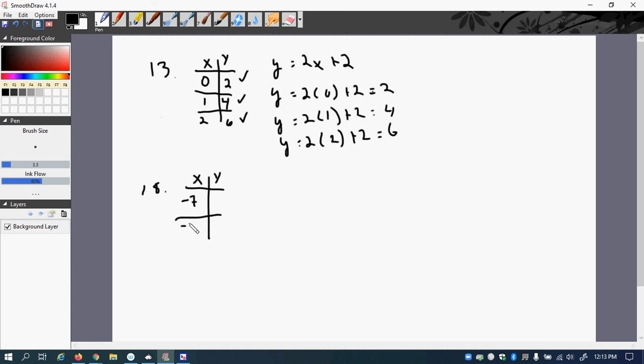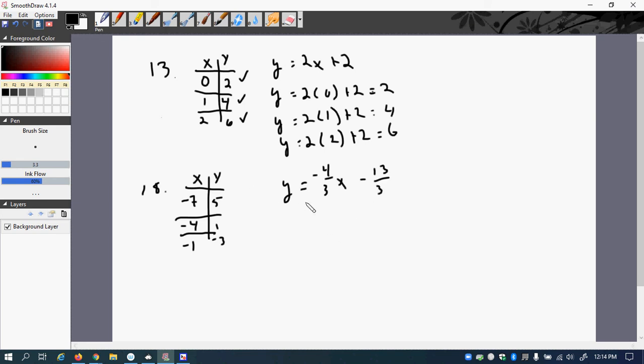So this is -7, -4, -1, and then we have 5, 1, and -3. And so the equation that they are wanting it to match is y equal to -4/3 x minus 13/3.